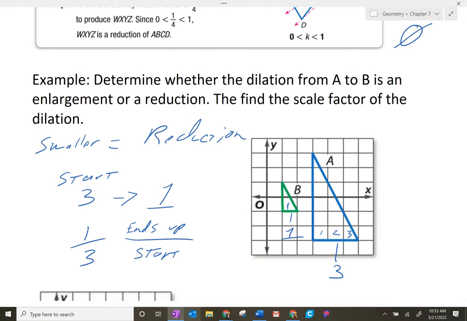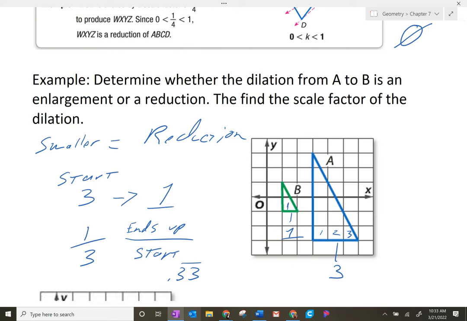So if I take 1 divided by 3, what is 1 divided by 3? 0.3 repeating. Perfect. 0.33 repeating. Okay? So that's what the division is.